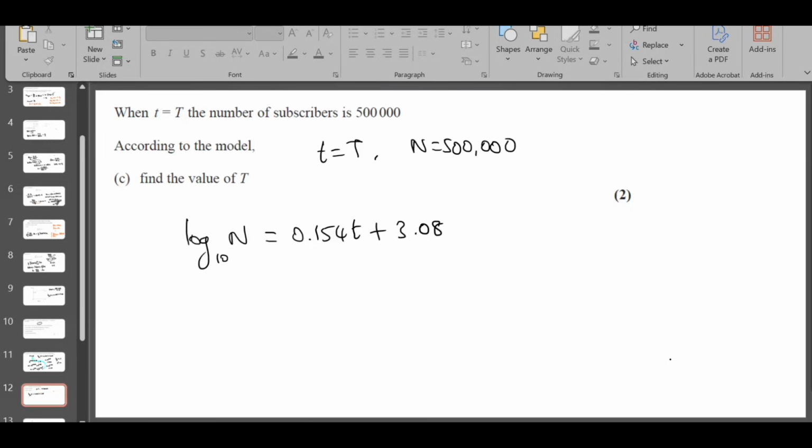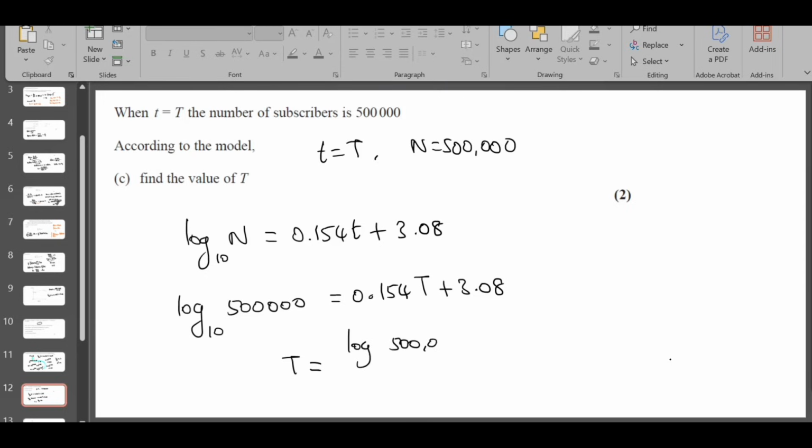I'm going to replace n by 500,000 and t by capital T, and make capital T the subject. So that's basically log 500,000 to the base 10 minus 3.08, everything divided by 0.154.